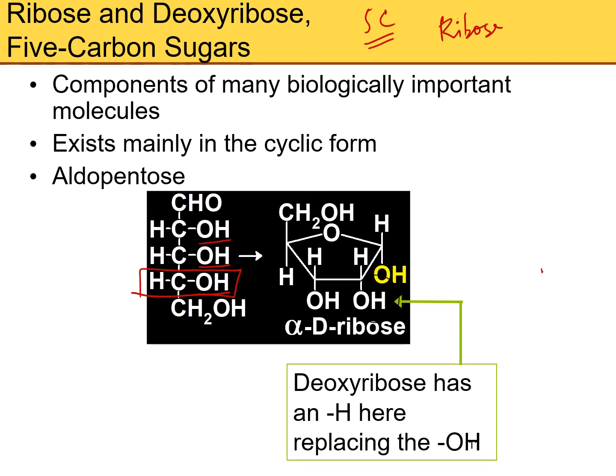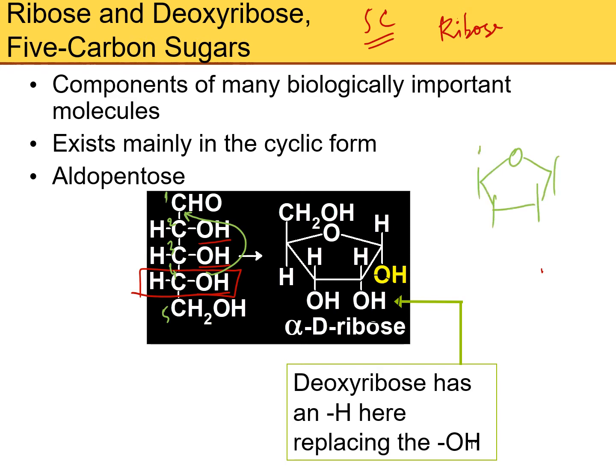You have carbons 1, 2, 3, 4, and 5, and you get this attack from the carbon number 4 hydroxy group, forming a 5-membered ring. Just like all the OHs are on the right hand side, we have all the OHs in the down position. It is a very simple structure.